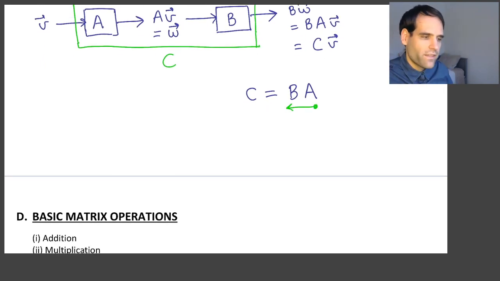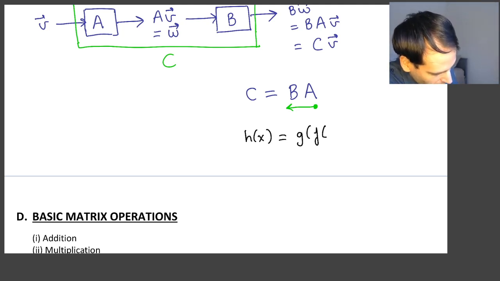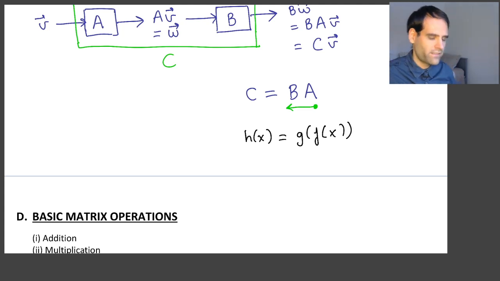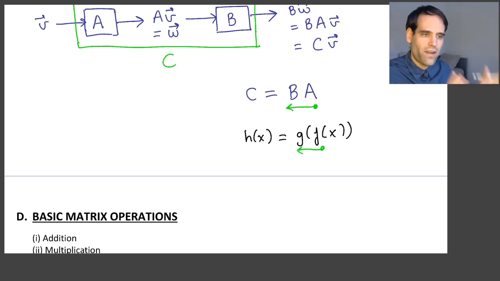This should resemble the fact that when you have concatenation of functions, for example, a function h of x is the function g of the function f of x. You remember this. This is one function inside of another. So here you are also going from right to left. You start with x, you apply function f, and then to the result you apply function g. That's why we have those brackets here.